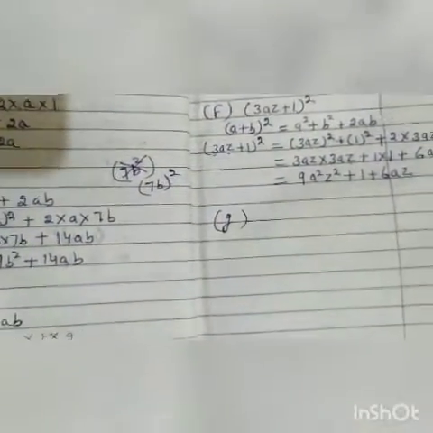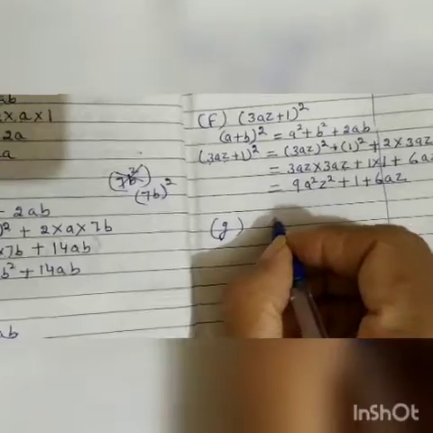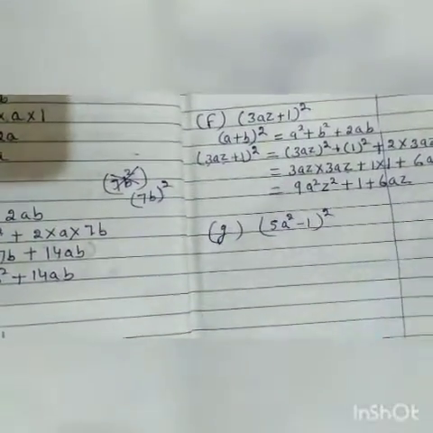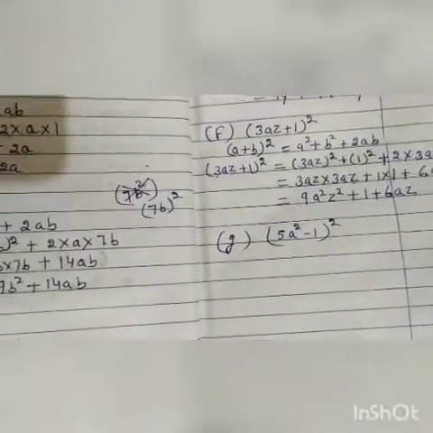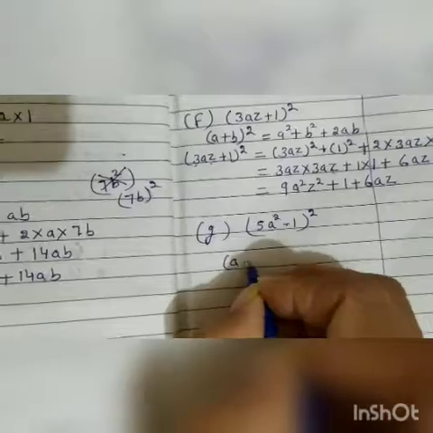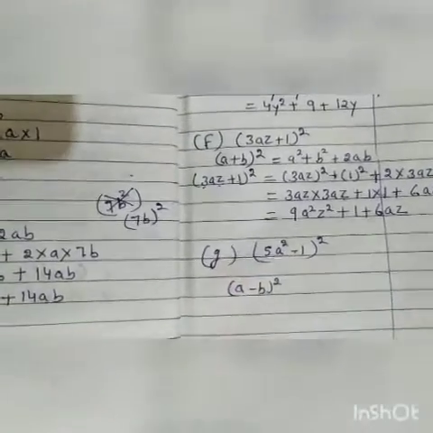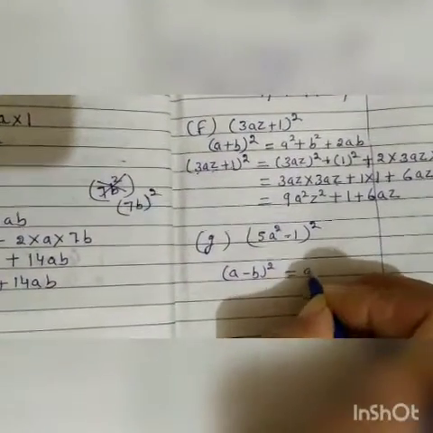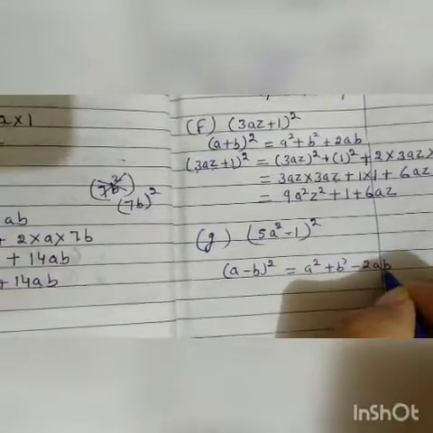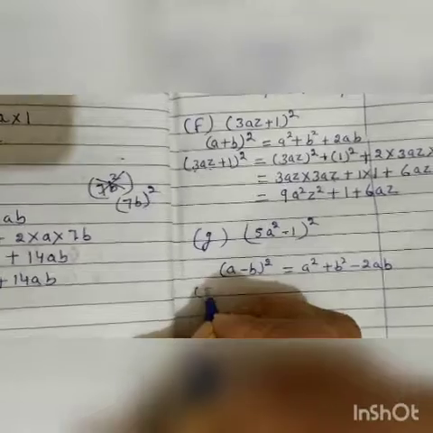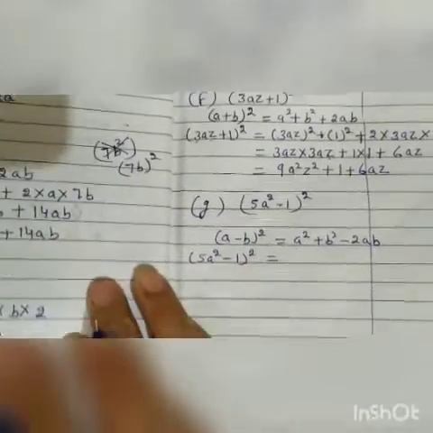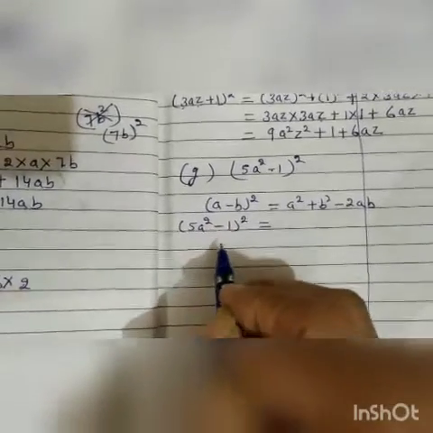Next G part. Our G part is (5a square minus 1) whole square. This time our question is with minus sign. So we will use the minus identity. (A minus B) whole square is equal to A square plus B square minus 2AB. Now write the question, (5a square minus 1) square. Students, see this time what is our first term?